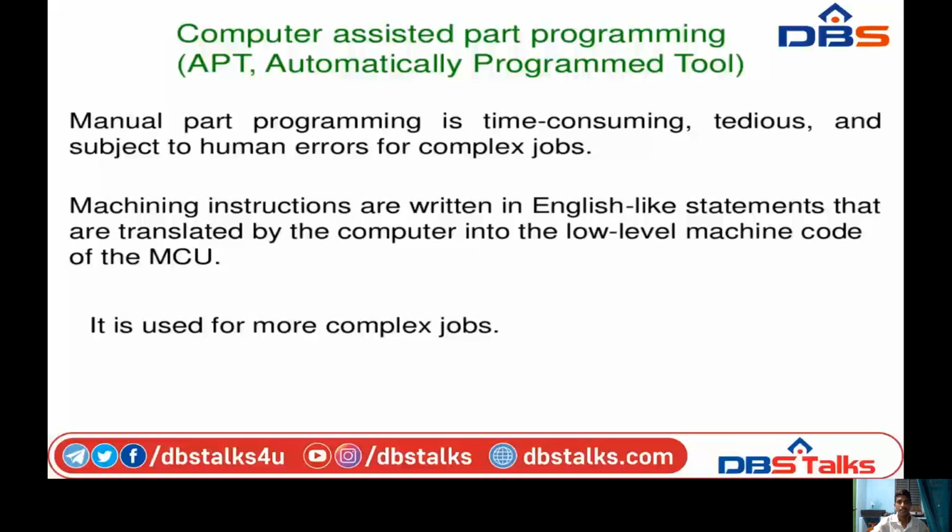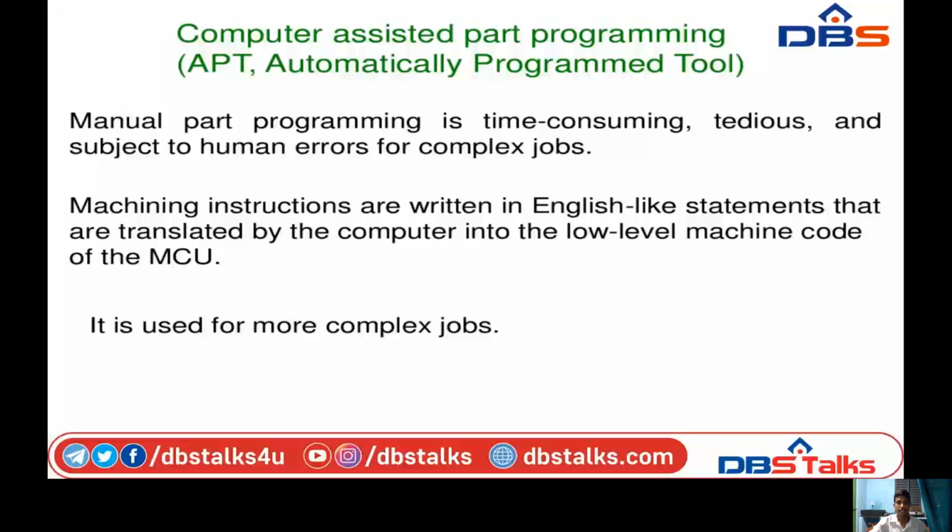Why? Because here we are giving the complete data, complete instructions and commands to the machine control unit. After that, the complete operations can be done by the machine only. There is no human involvement in the middle of the process.